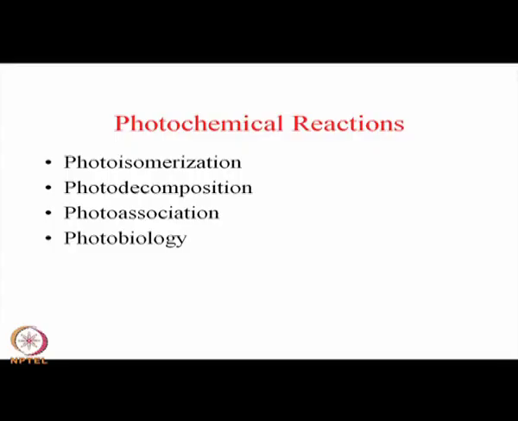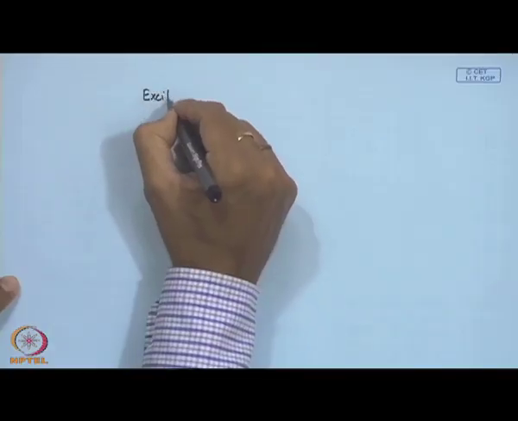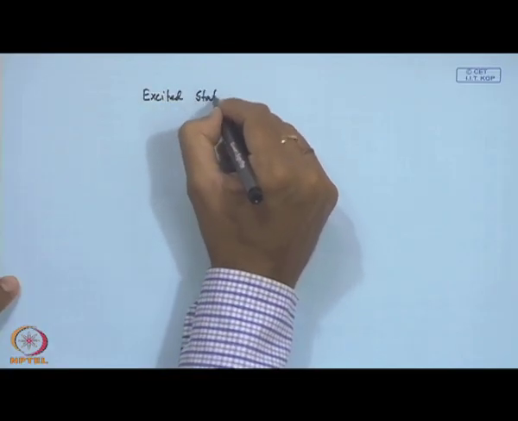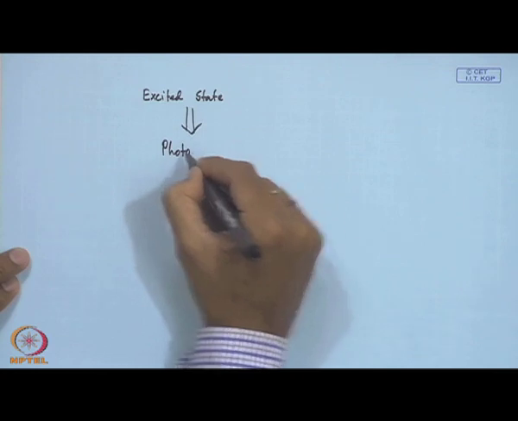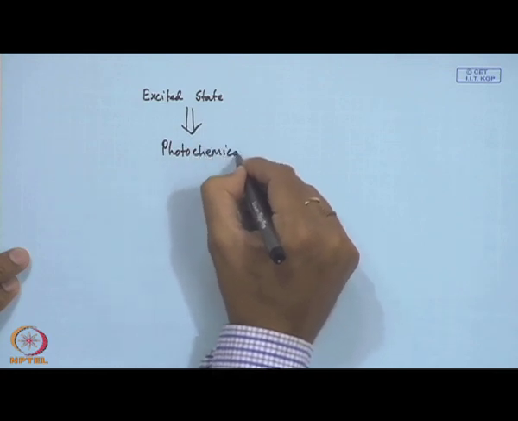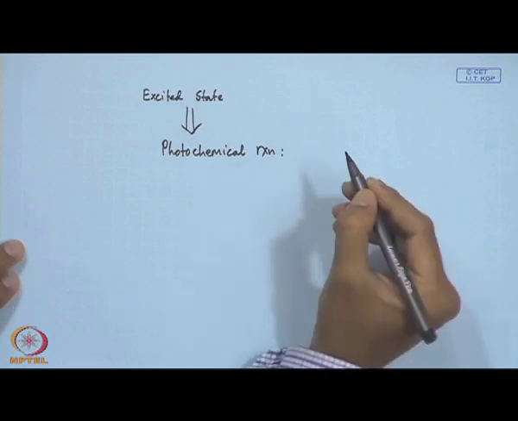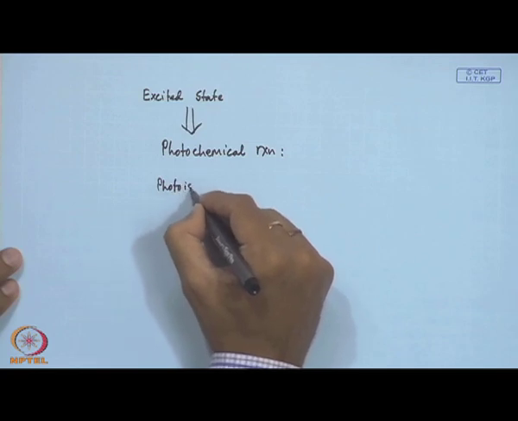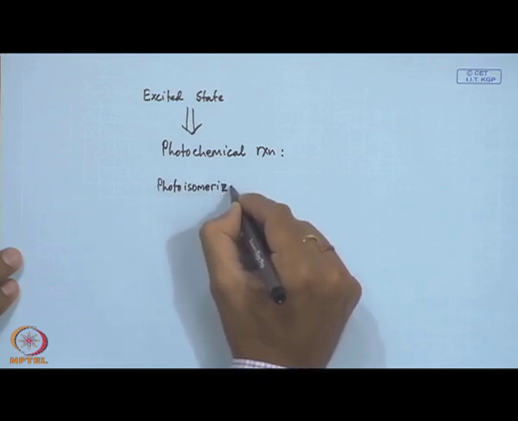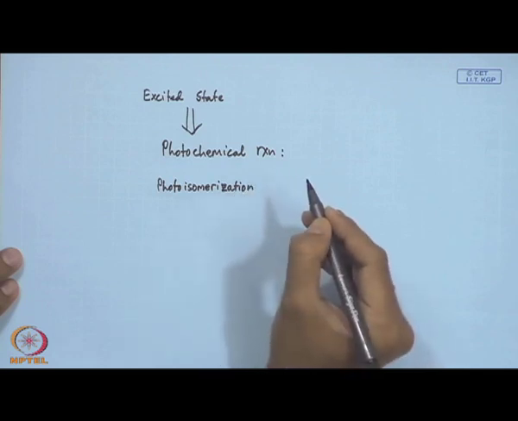Now, photochemical reaction. This is also a fate of the excited state. What are those possibilities? One is maybe photoisomerization, that means some isomer, bond rearrangement or something.